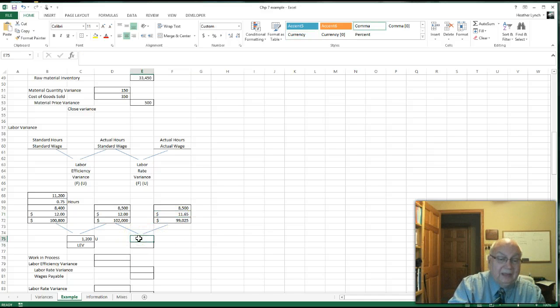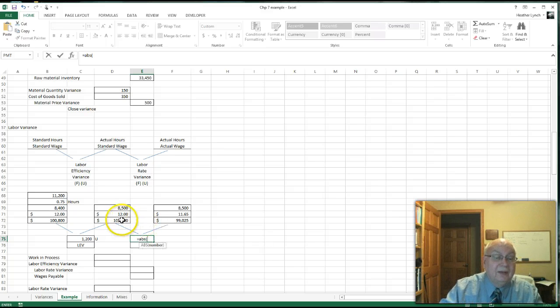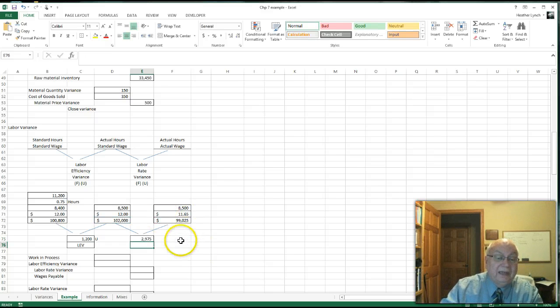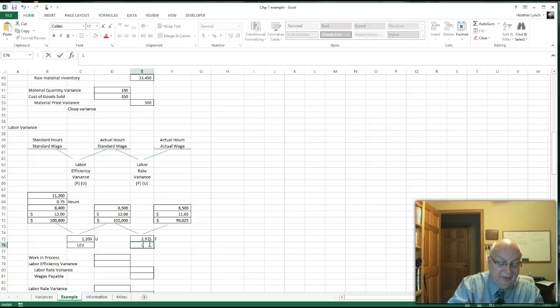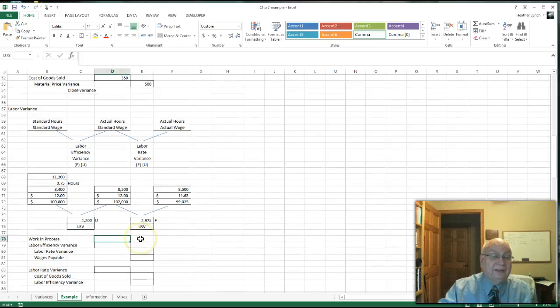Okay, use the 99,025 if that's given. So equals ABS, the 102,000 minus the 99,025, and that's 2,975. And you notice this one is favorable, and this is the labor rate variance. Okay, that's because we paid them less than what our standard was.